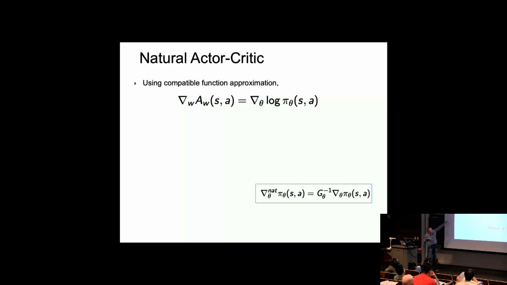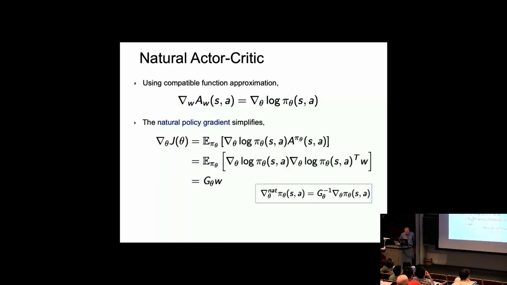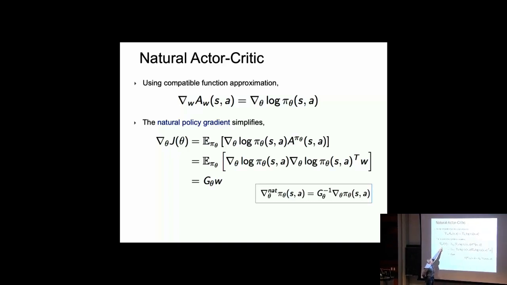Suppose we decide we're going to learn an advantage function instead of Q, and so we set up this problem. Then the natural policy gradient simplifies this way. Here's our original expression for the policy gradient, which we agreed we could write using the advantage function instead of Q.